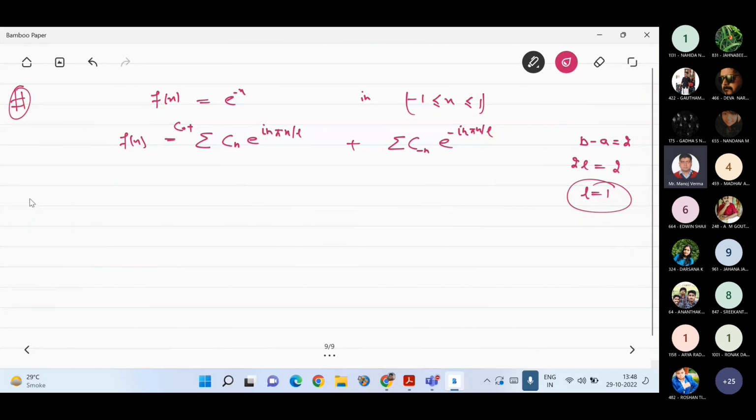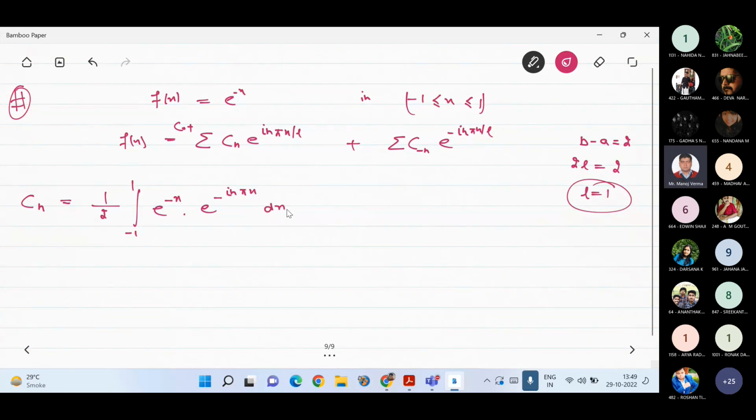So the calculation of Cn will be quite simple. It will be 1/2 integration from minus 1 to 1 of e raised to the power minus x, the function, multiplied by e raised to the power minus iota n pi x dx.